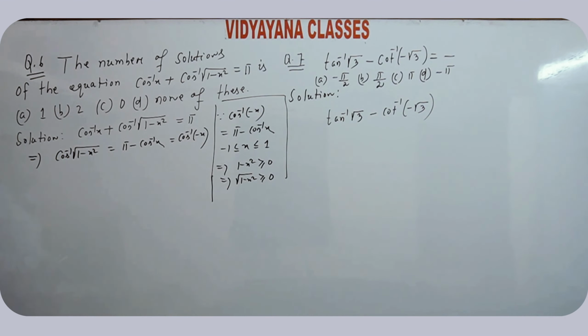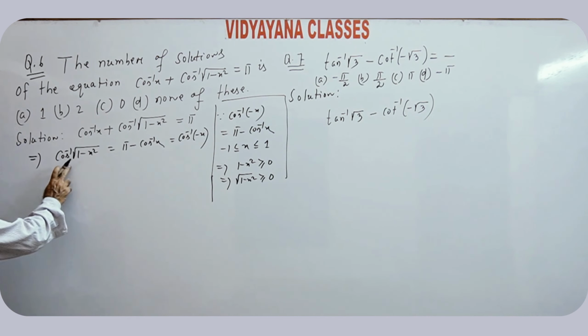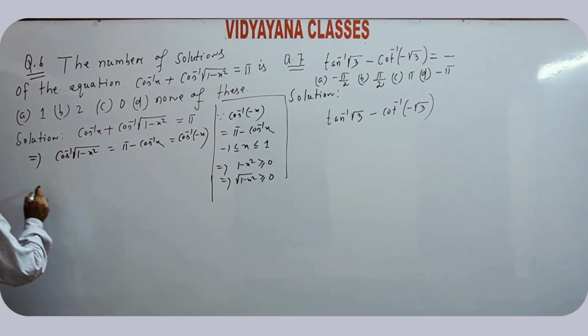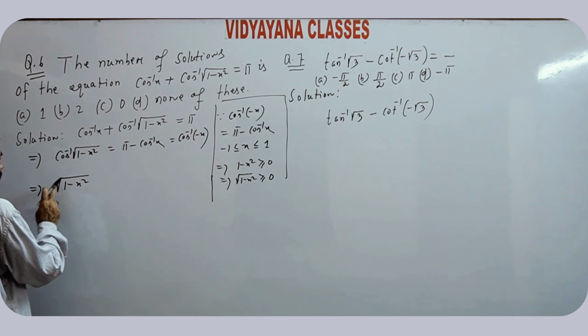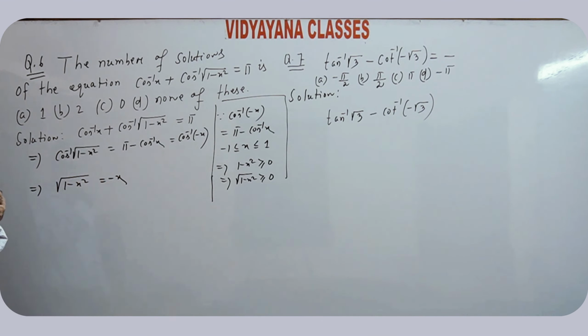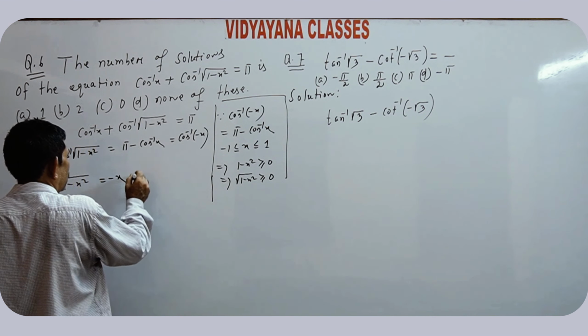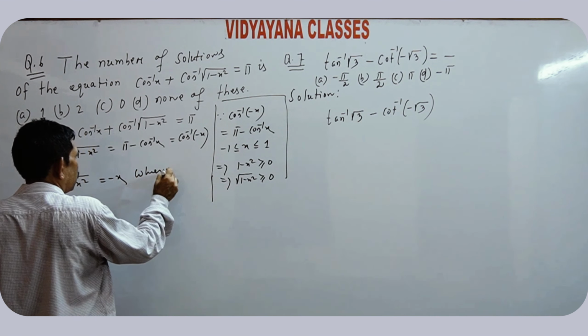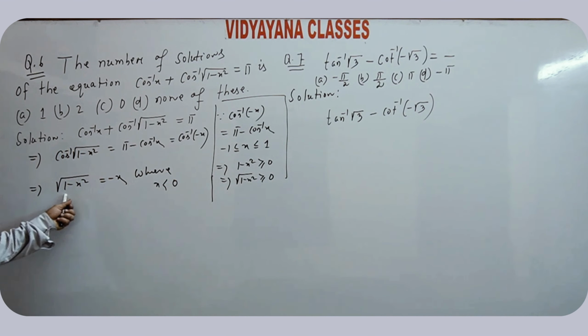Clear? Cos inverse minus x is equal to pi minus cos inverse x. Cos inverse this is equal to cos inverse this. That implies square root of 1 minus x square is equal to minus x, where x is less than 0. Since it is positive, x must be negative.